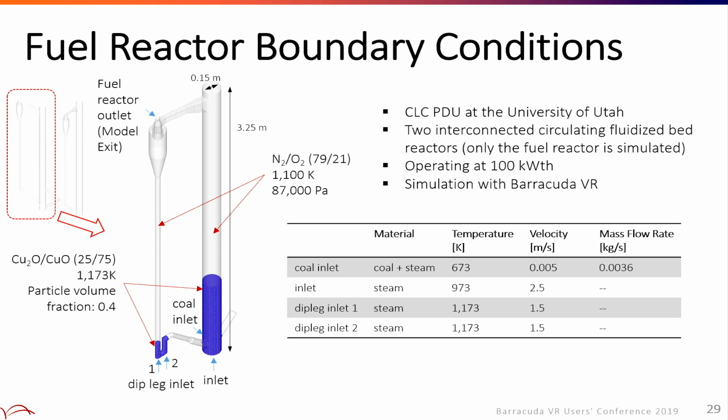So the PDU is basically two interconnected circulating fluidized beds. Here's a fuel reactor, air reactor, but we're going to just look at the fuel reactor for this purpose. So there are some initial metal oxide particles. Here's the riser section, then the cyclone and downcomer. And there's a deep leg, and steam is injected from the bottom, and coal is injected with the steam.